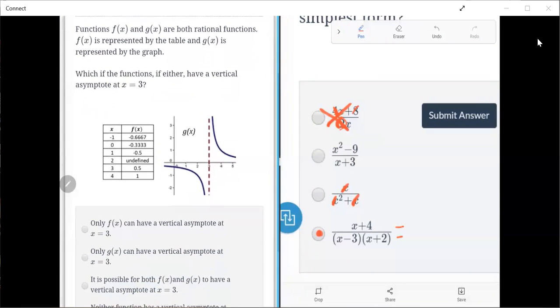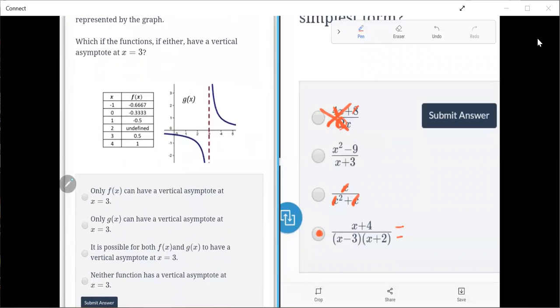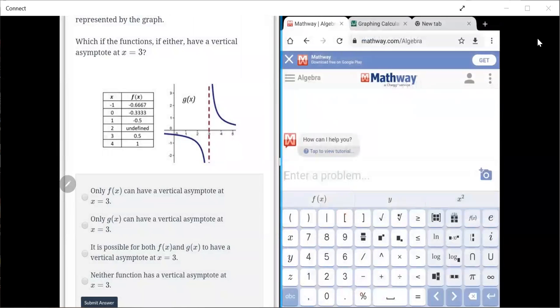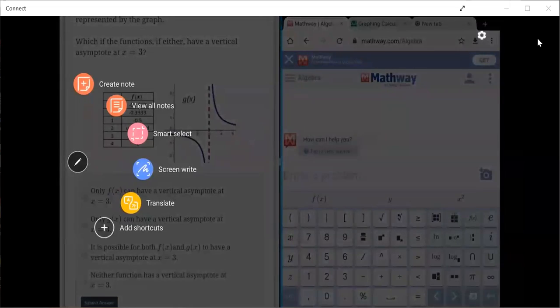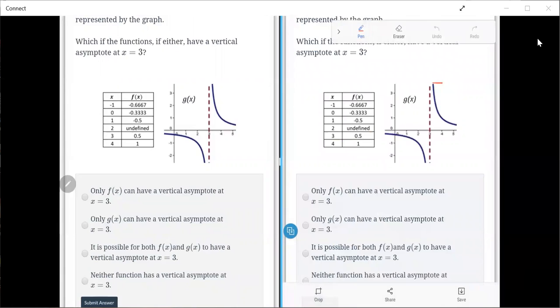On this one, we want to find a vertical asymptote. So remember what a vertical asymptote is. This line right here is a vertical asymptote.